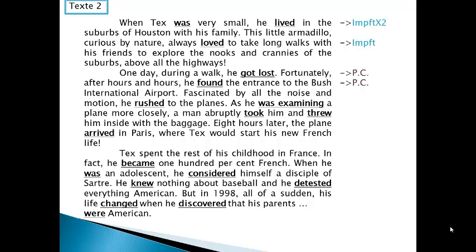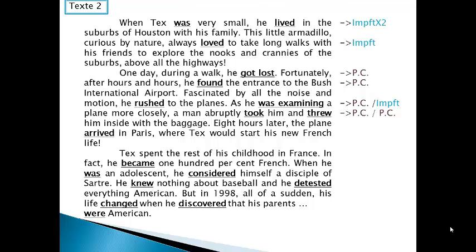Fascinated by all the noise and motion, he rushed to the planes. Rushed is going to be passé composé. Then, as he was examining a plane more closely, a man abruptly took him and threw him inside with the baggage. Alors, as he was examining is the background info.